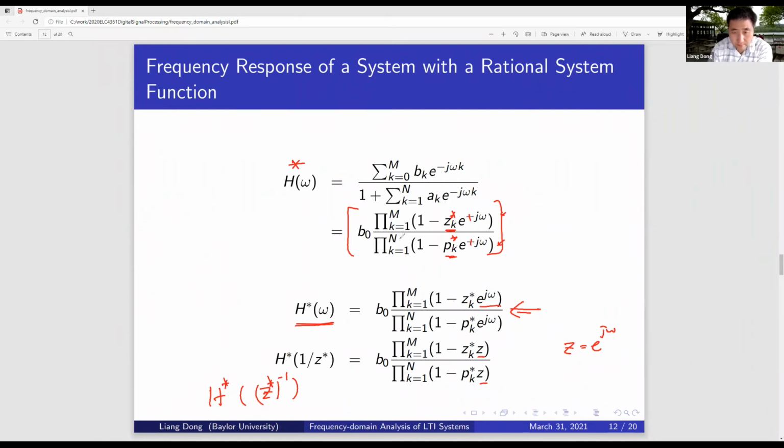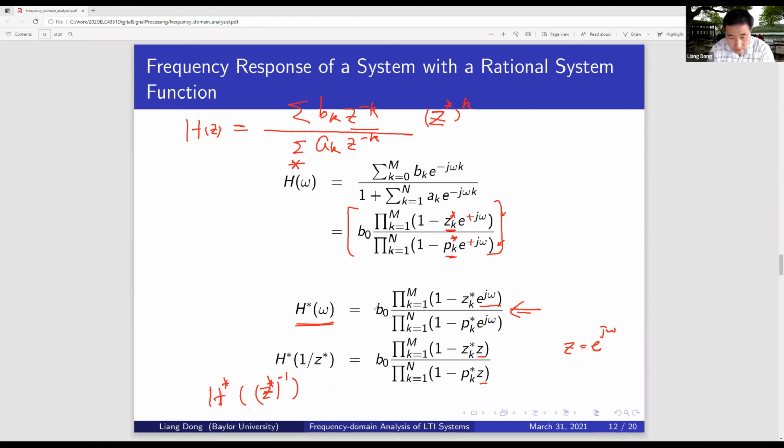This is if I am plugging in my original H(z), which should be equal to a sum of b_k z to the power negative k here, over a sum of a_k z to the power negative k. Then if you look into this format, it is as if I am changing z to the power negative k into z conjugate to the power negative k.